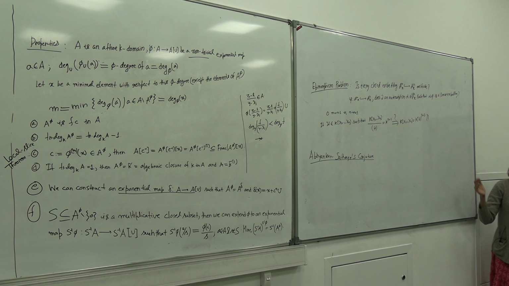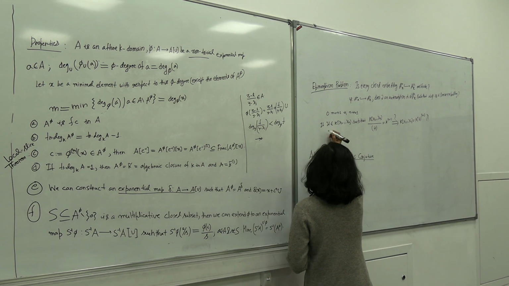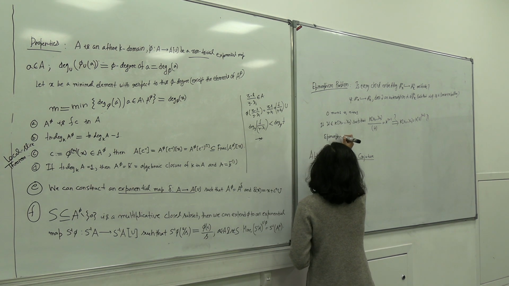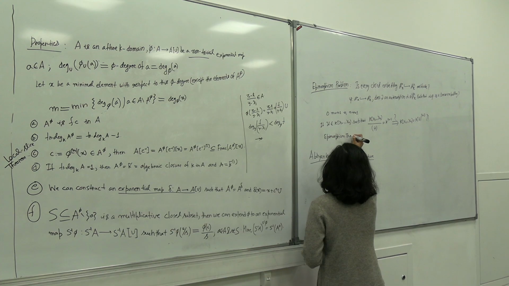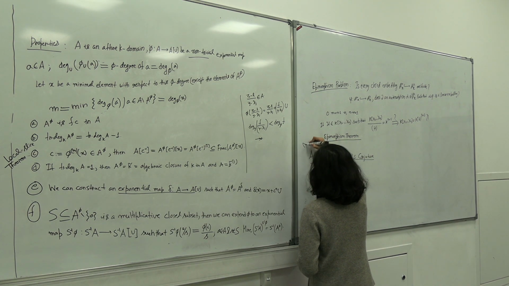So it is a special case of the epimorphism problem or embedding problem, and the first positive result was called the epimorphism theorem, and it was given by, I think, Abhyankar, Moh and Suzuki.